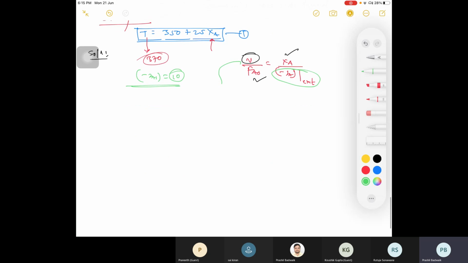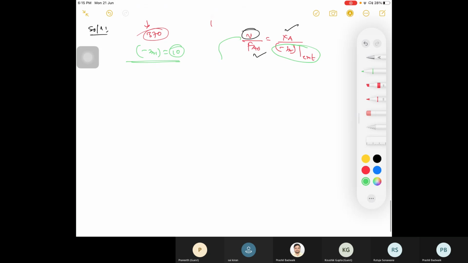Okay, now we'll solve for a reversible reaction. For a reversible reaction, A gives B. This is the forward, and this is the backward reaction.